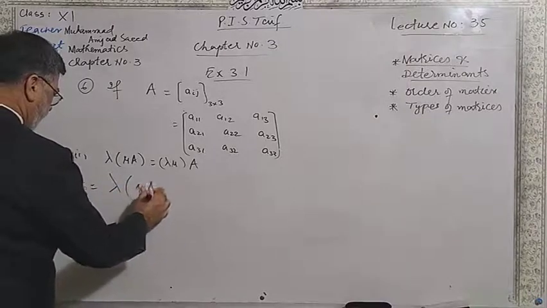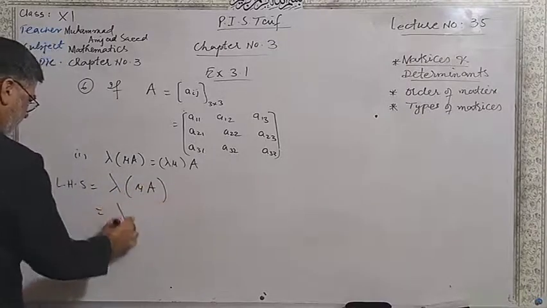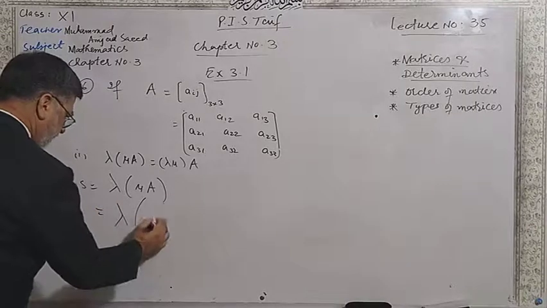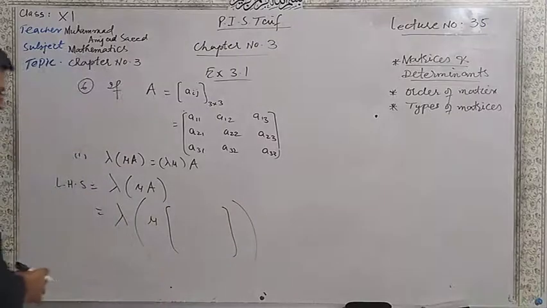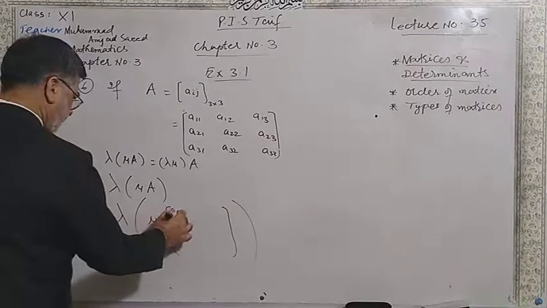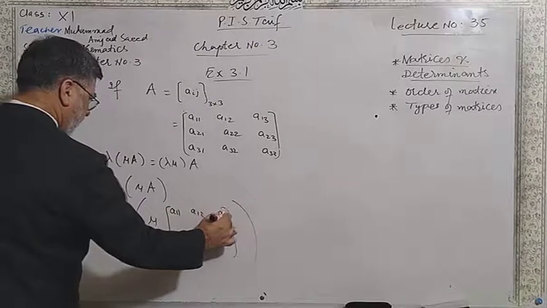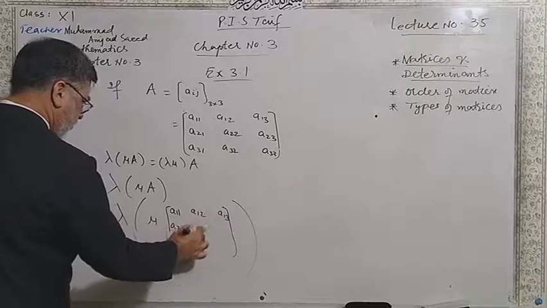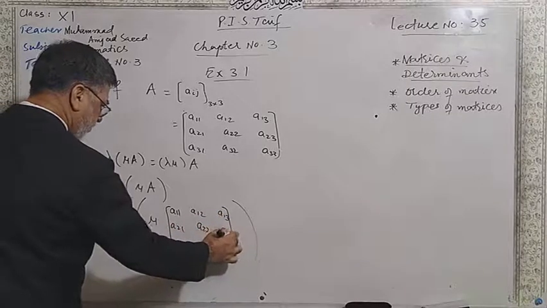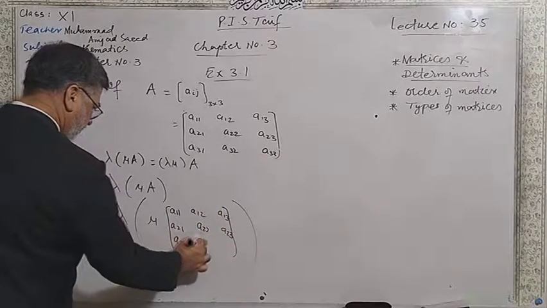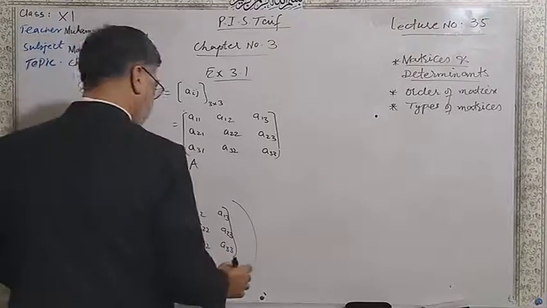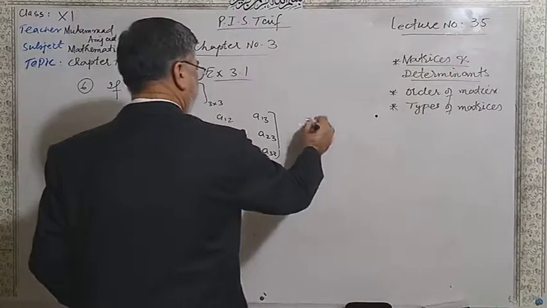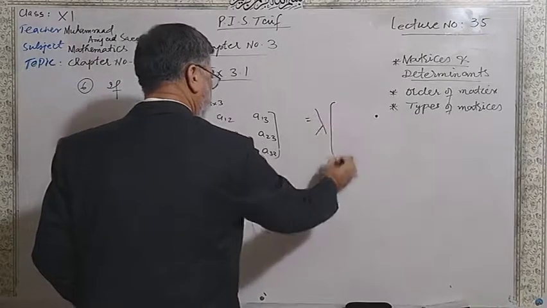Lambda into mu A. Lambda into mu, and this is A: A11, A12, A13, A21, A22, A23, A31, A32, A33. So dear students, you have lambda.